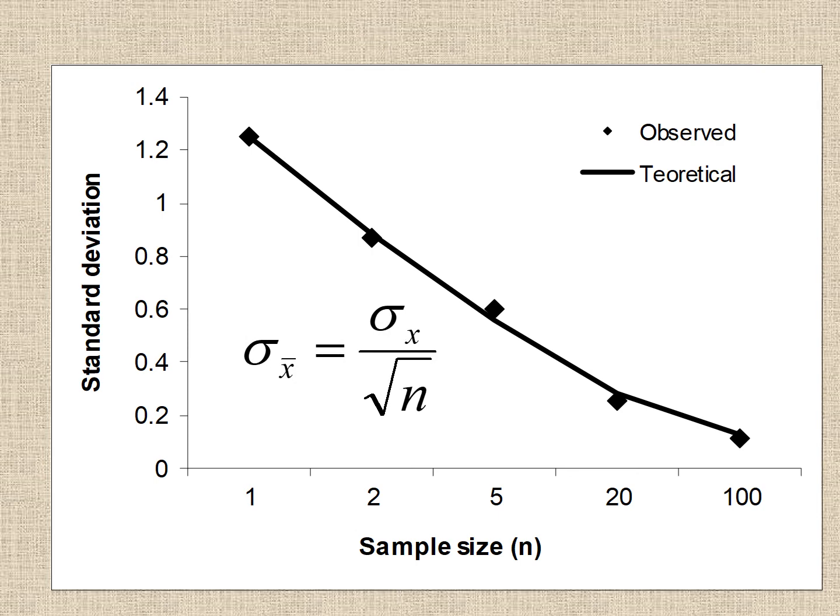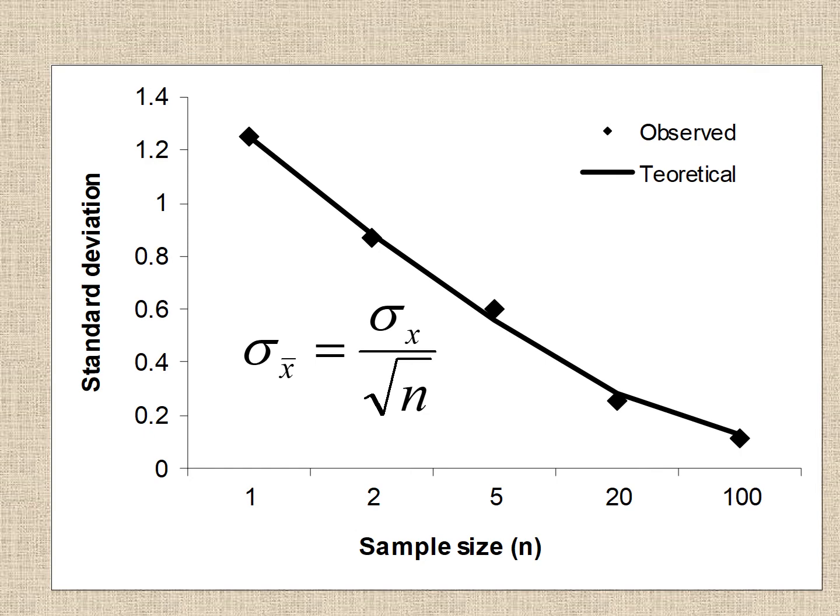So this formula, you see sigma x bar on the left-hand side. So that's the standard deviation for sample means. That equals the sigma x, the standard deviation of individual values.